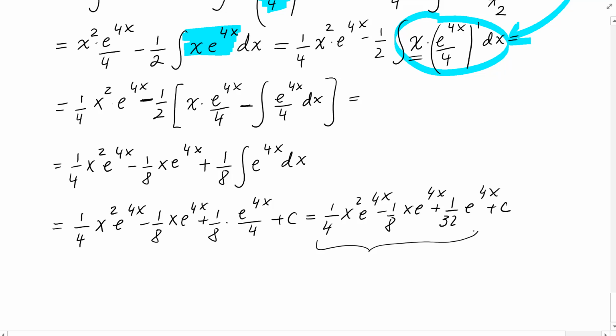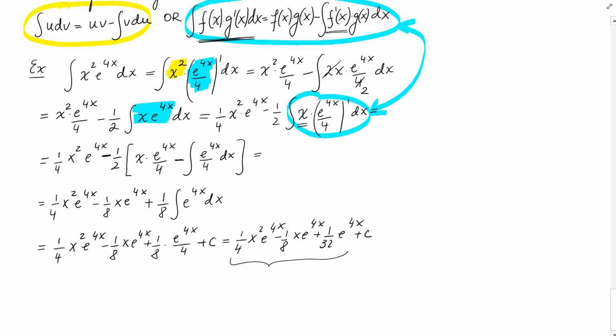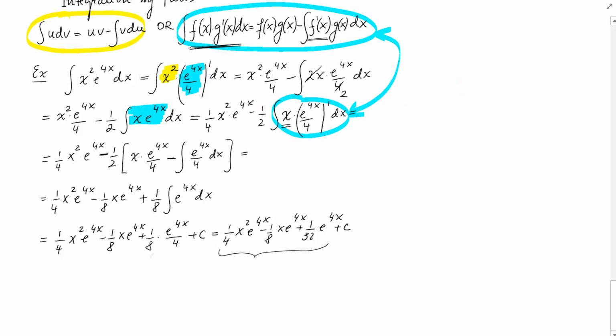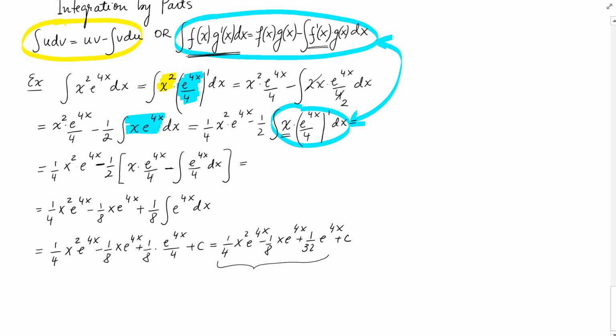We can factor out e to 4x if we want, but this would be my favorite method of calculating integrals with integration by parts, because it saves a lot of space. Instead of doing the u and dv and so on, we are just looking all the time for an antiderivative.